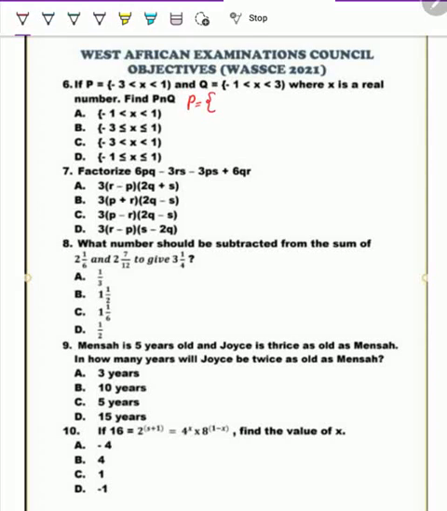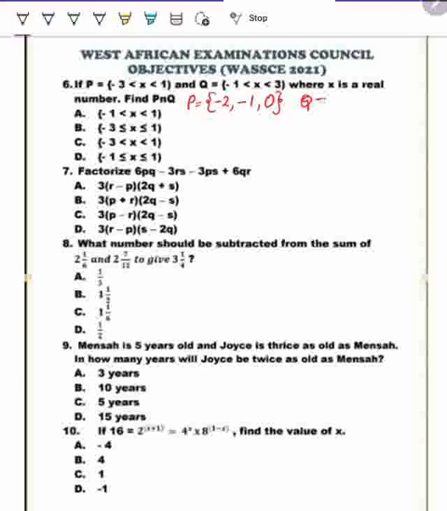That is to say, the value of x will be ranging from -2, -1, 0, and it is less than 1, so 1 will not be here.